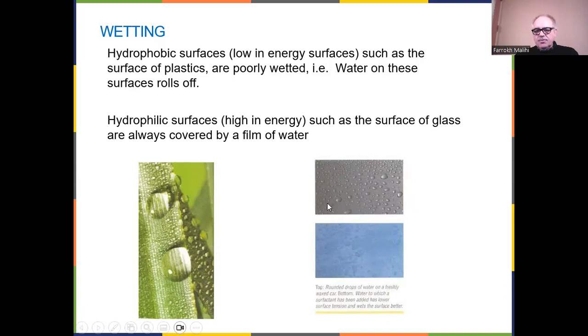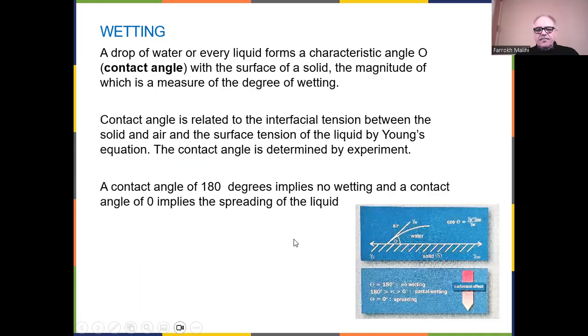This is a hydrophobic surface. Water is beading up or rolling off here. And in a hydrophilic surface, the water is basically forming a film. And this can be quantified.